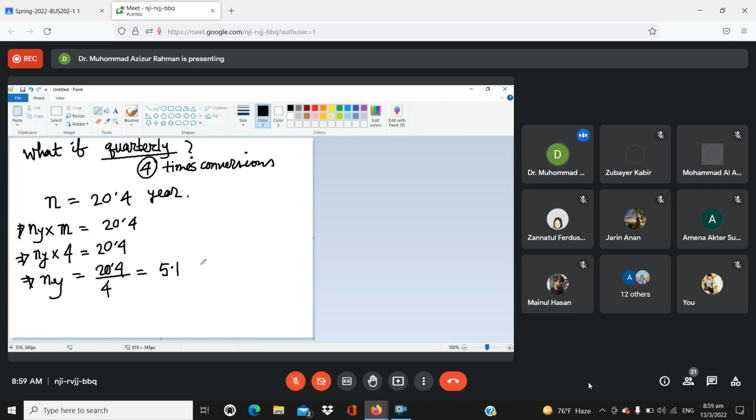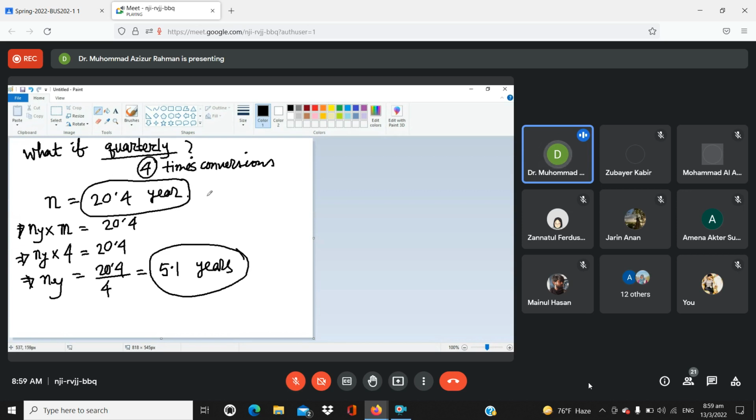In that case, you take fewer years because you are doing more conversion. Originally, with conversion only once a year, it takes 20 years. But with quarterly conversion, you see how many years it takes. So you get more interest if you do more conversion.